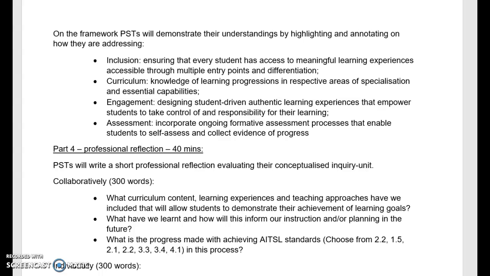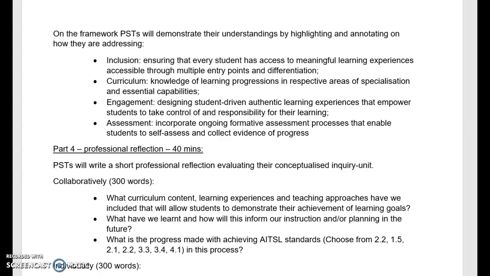We've got curriculum, obviously, so the learning progressions and the capabilities. Engagement, so we want authentic learning experiences. And assessment, so thinking about ongoing formative assessment and summative assessment, collecting knowledge on student progress.